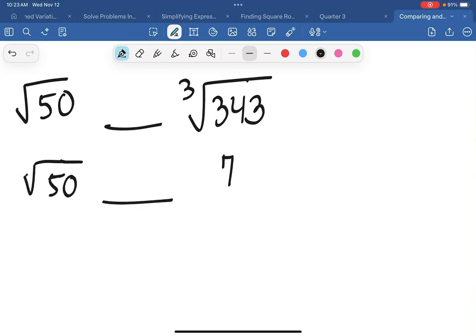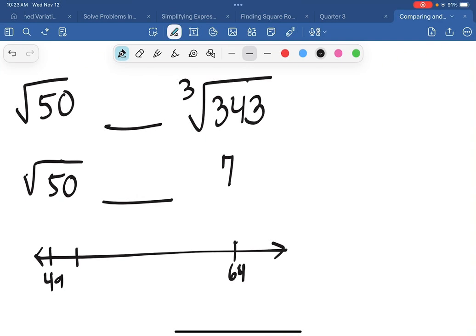Now, let us try to find the perfect squares before and after 50. Obviously those numbers would be 49 and 64.